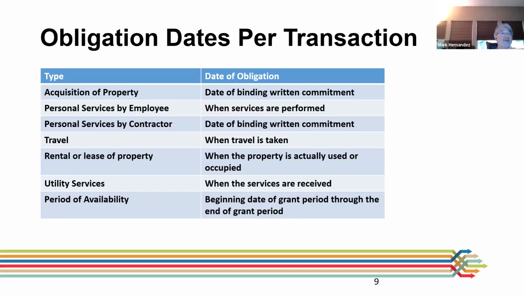So if you performed your services in March, early April, you get your salary in that situation. But the date of the commitment and the obligation was at the point when the services were performed. For services of contractors, that's typically the date that y'all sign the commitment itself, so it's a contract or other things like that.